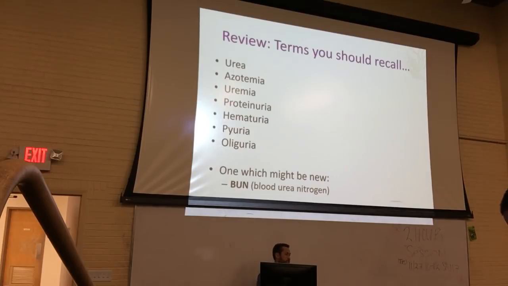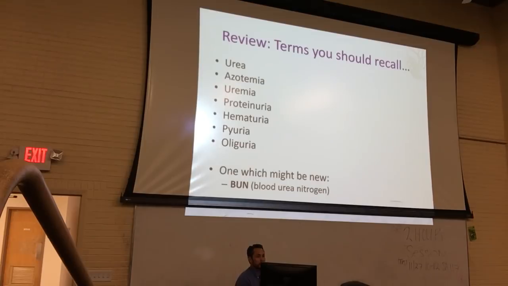Okay, some terms that I want you to be familiar with. Urea is the catabolism of amino acids. Uric acid is the catabolism of nucleic acids.